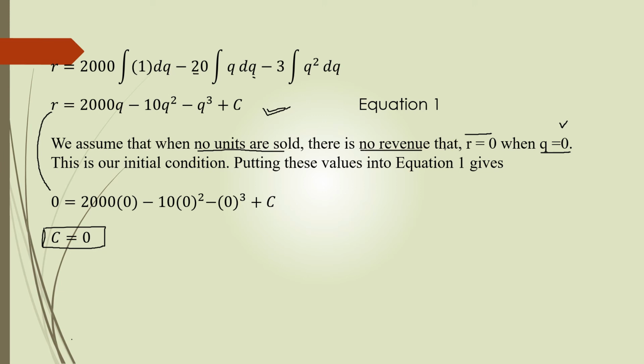Okay, dear student, now the value of c is 0. Again, just go back to equation 1 and put here at place of c the value of c equal to 0. So now, hence c is equal to 0, and so the equation will be revenue is equal to 2000 q minus 10 q square minus q power 3 plus 0.